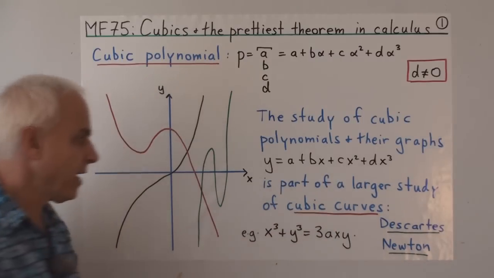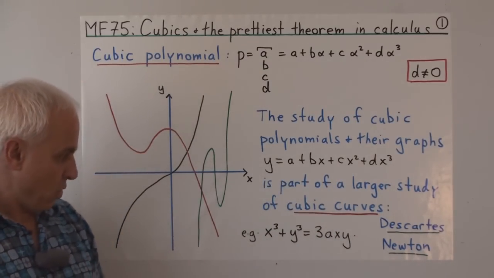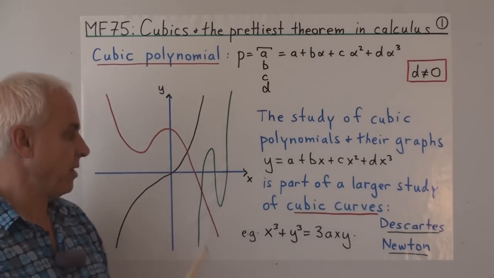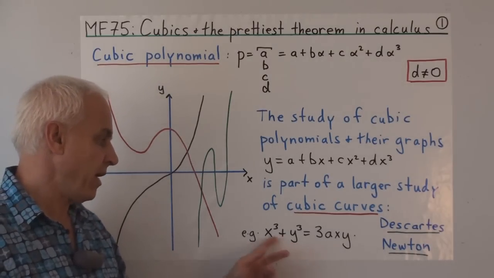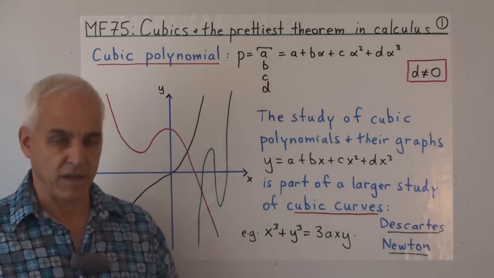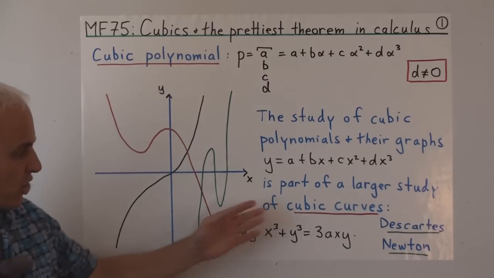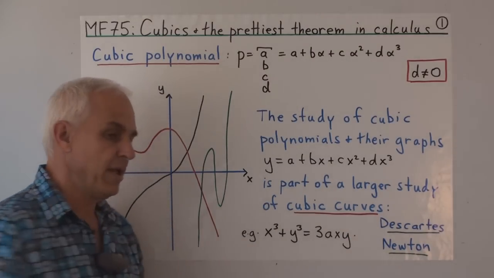So now the study of these cubic polynomials and their graphs, so we're talking about what are usually called functions of this kind, is part of a larger study of cubic curves, where we consider more general equations involving, say, x and y, polynomial equations where the total degree is 3. These cubic curves were studied by Descartes, by Newton.